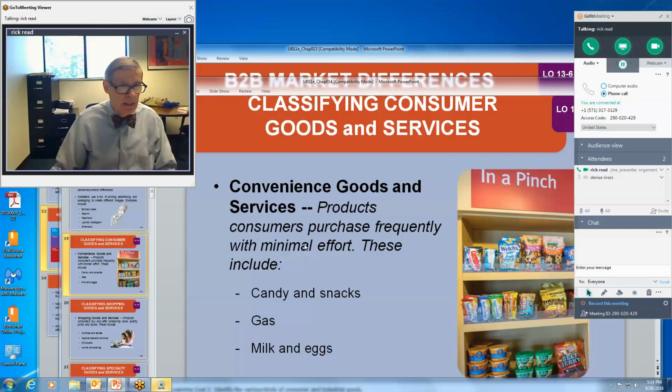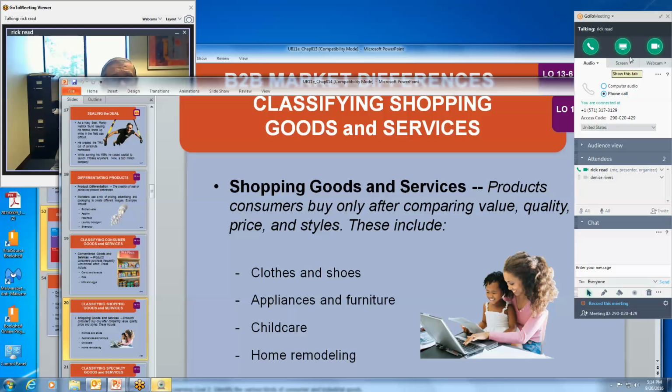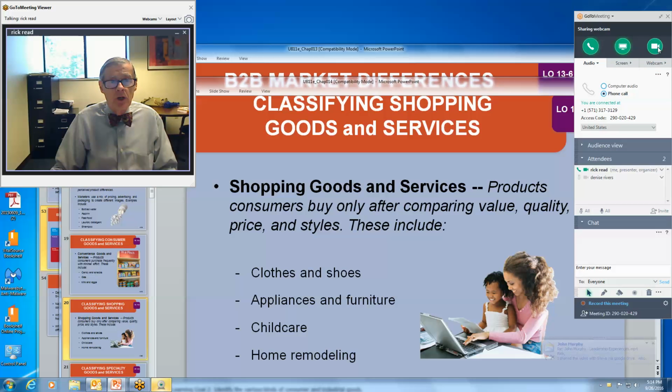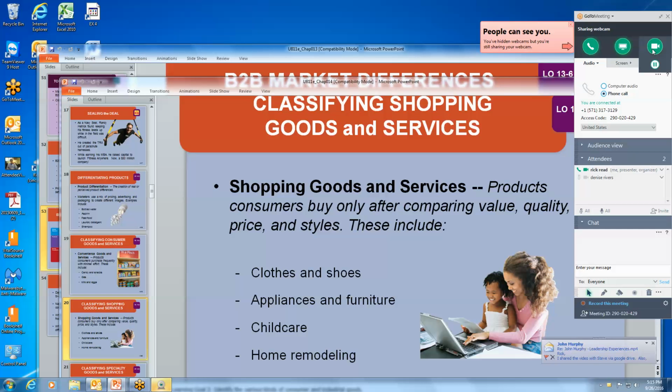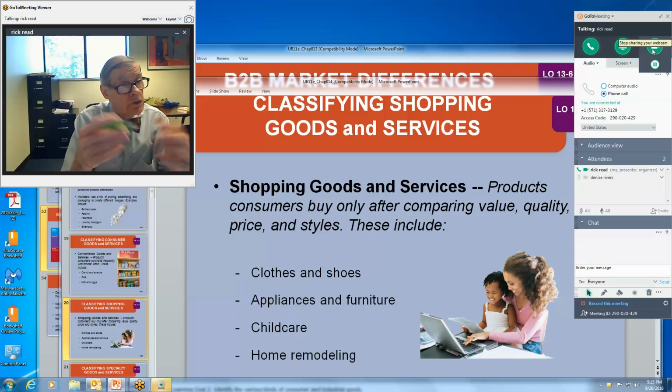And we move from convenience goods to what we call shopping goods and services. Here, notice what happens. The consumer, us, we're only going to buy a particular product after we've evaluated it for its quality, its price, style, perhaps, and a few other things.